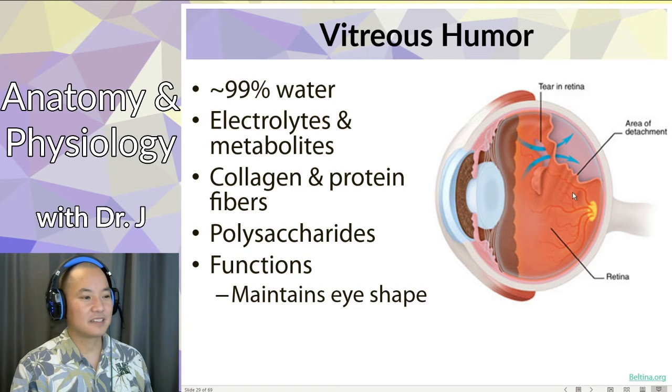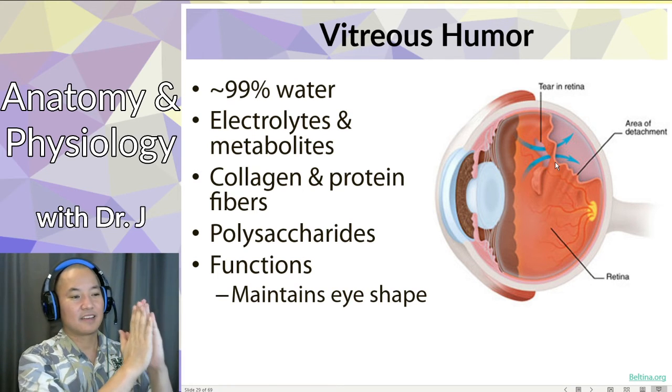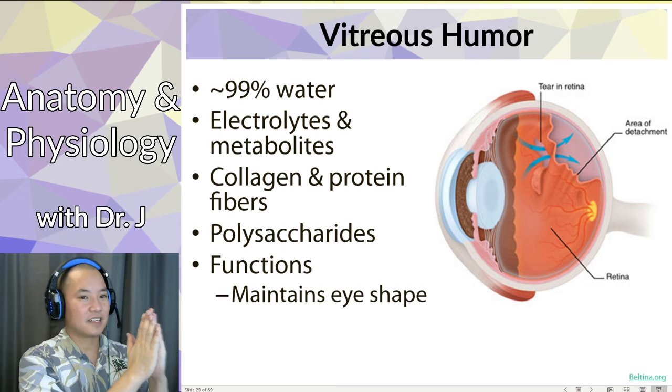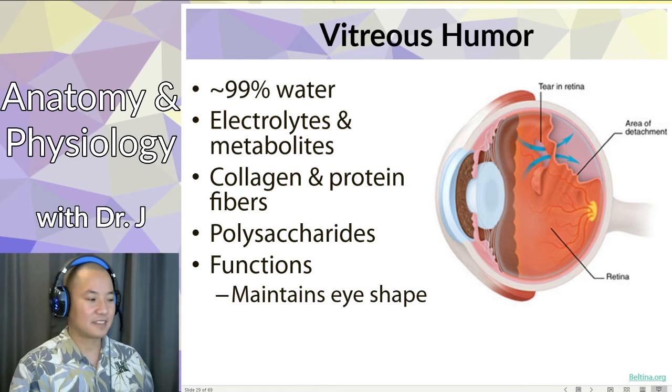Same thing with the retina. If it starts to detach from the choroid, it's going to result in distortions or loss of vision at the areas of detachment. So that vitreous humor actually helps because, being very thick and taking up this volume here, it helps to plaster that retina against the walls of your eye, so it keeps it in place and prevents it from detaching and wrinkling and tearing.